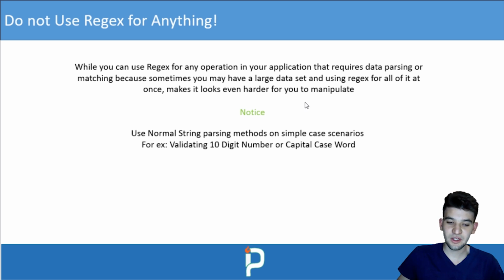Also, there's a quick notice here: use normal string parsing methods in simple scenarios. We were talking about validating a 10-digit number. It doesn't really require regex in this case, since you can use something built into the programming language, like the built-in JavaScript parseInt method, for telling whether this is an integer rather than a string, or whether it has 10 digits, rather than going ahead and using regex right out of the box.